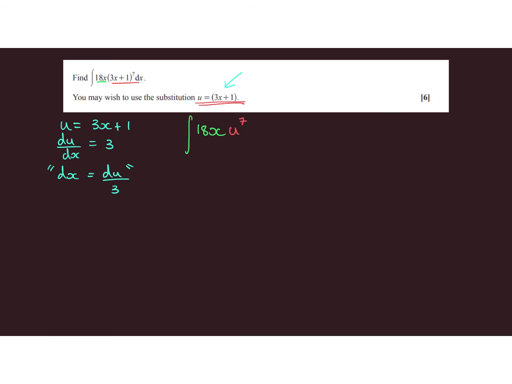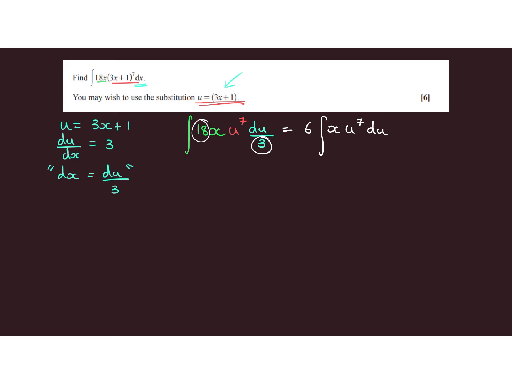And then, of course, we need to replace dx, which we do like so. Now, we can simplify this. We can see 18 over 3 will simplify to give us a 6, which I'll pull outside the integral. I've then got 6x u to the power of 7 du.